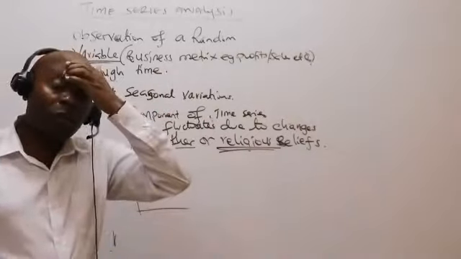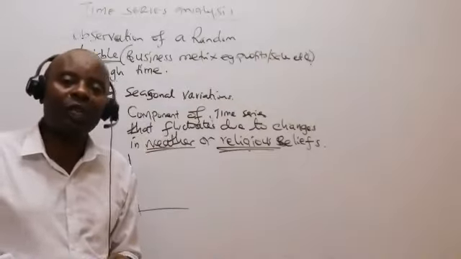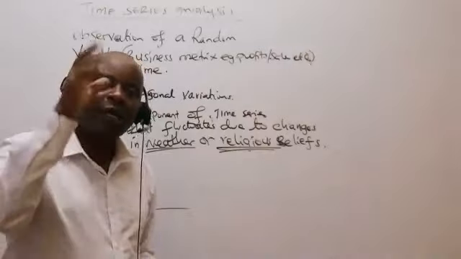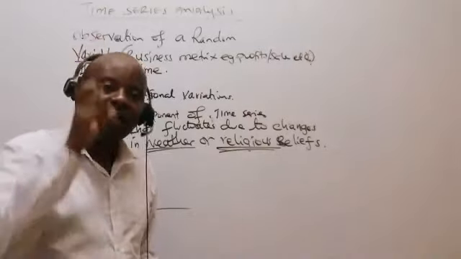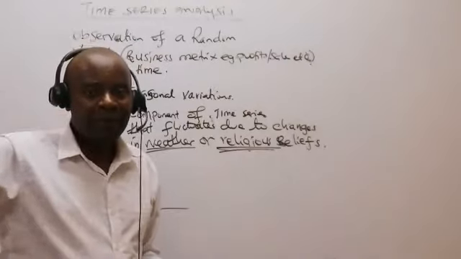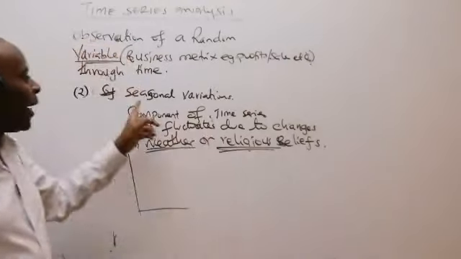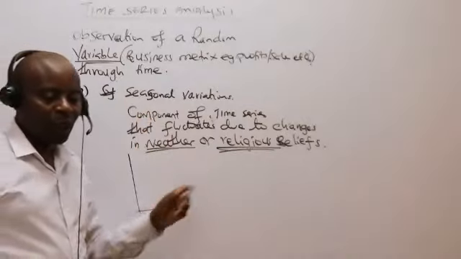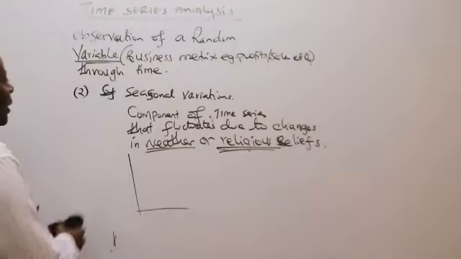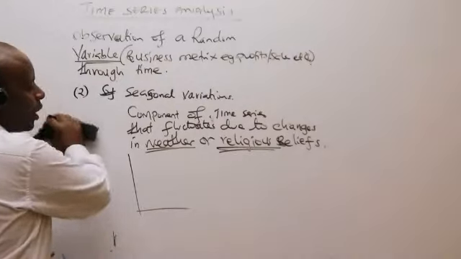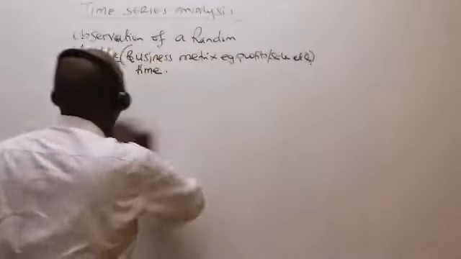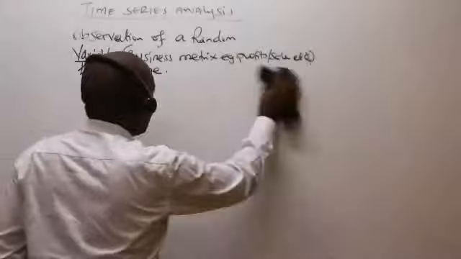So all those changes of our time series that are attributable to changes in weather or religious beliefs, religious functions, which will be coming as time passes by, will be known as seasonal variations. Very important for us to appreciate that. That is number 2. Seasonal variations, always mention weather, stroke religious beliefs.